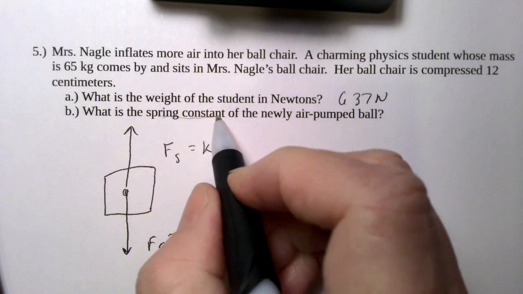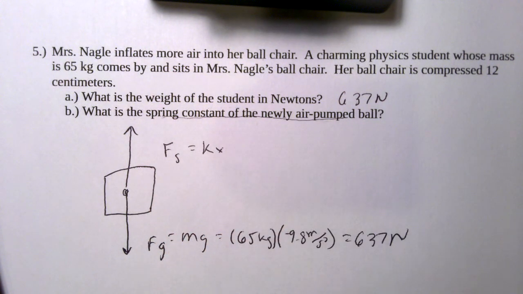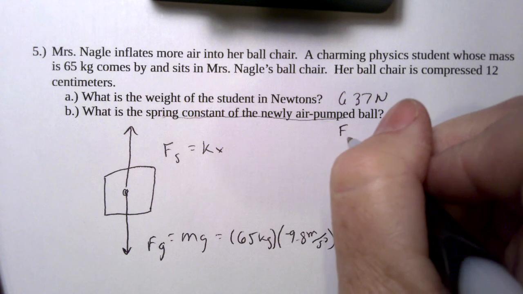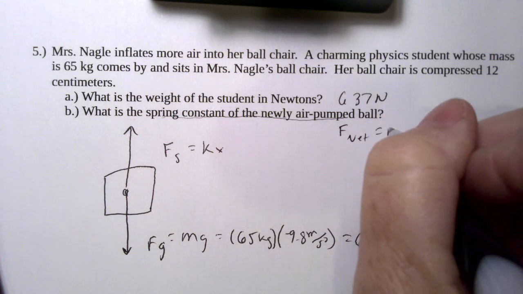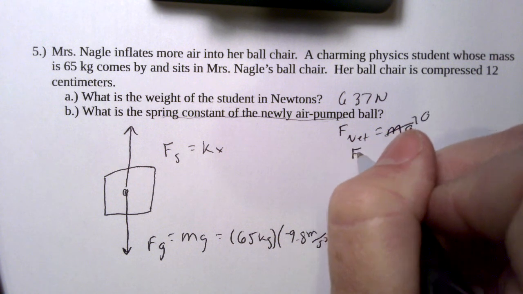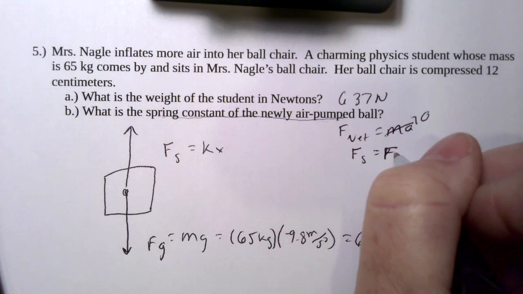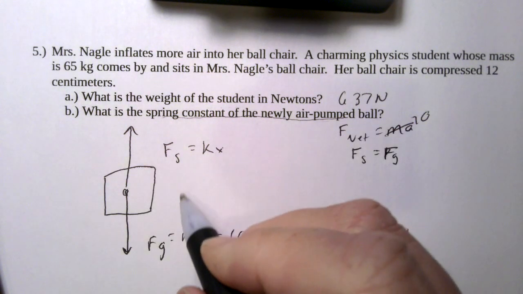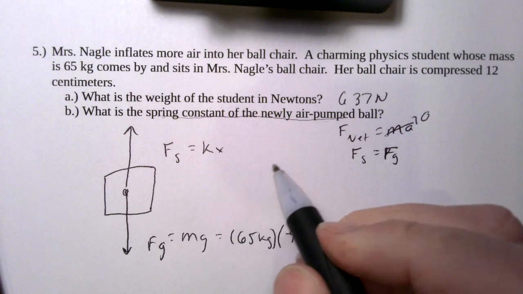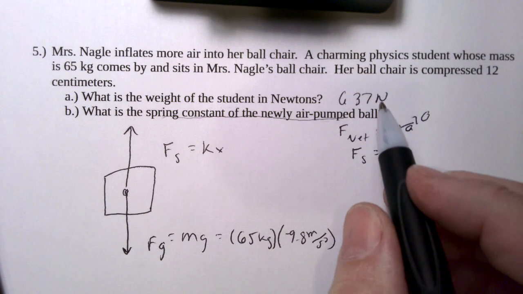Now, what is the spring constant of the newly air pumped ball? Well, we know you still know force net equals ma. Hopefully, you know this is 0 because it's not bouncing. You're going to say force of the spring equals force of gravity. They balance each other out. Now, I know one's going to be positive, one's going to be negative, but they're just directions. But the magnitude is the same.